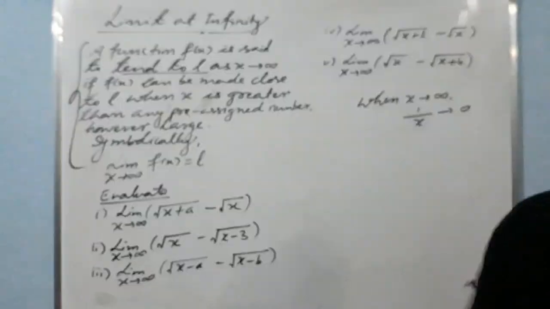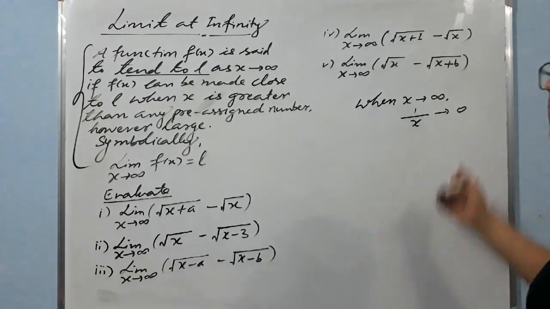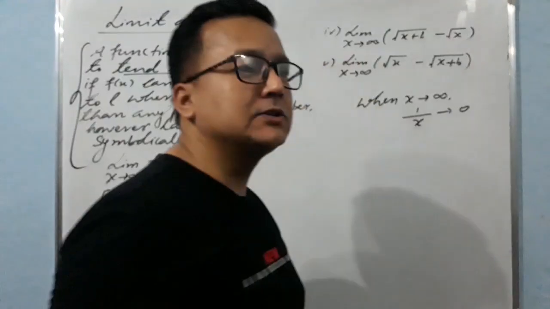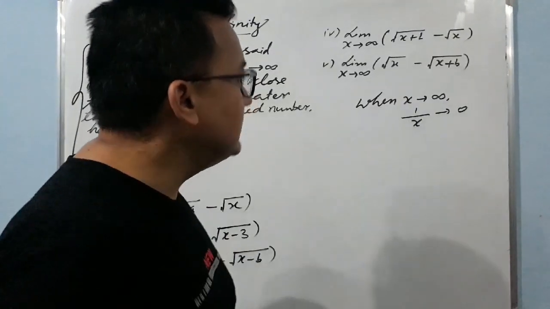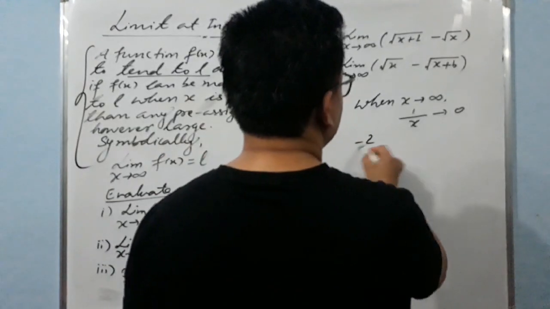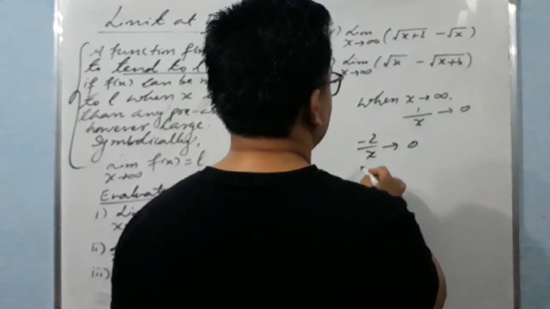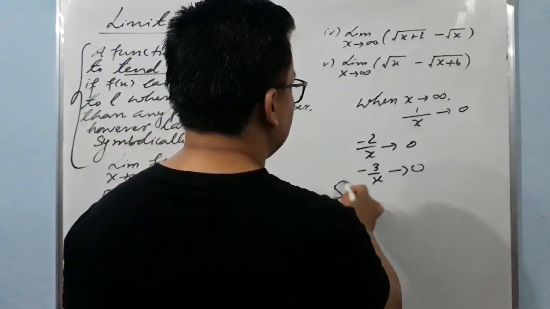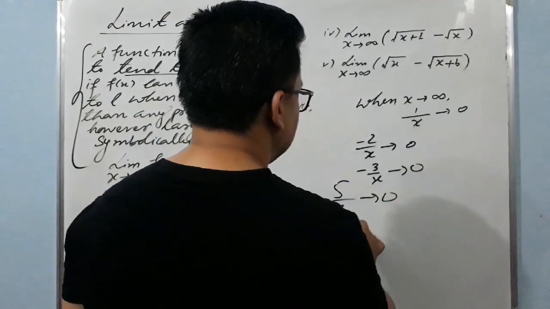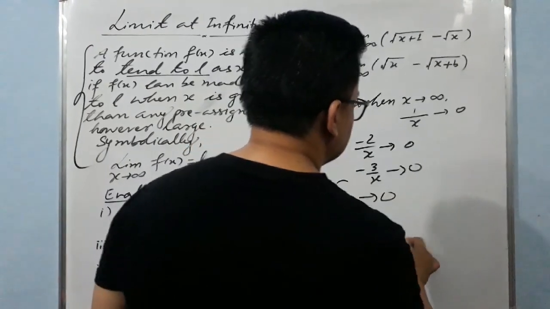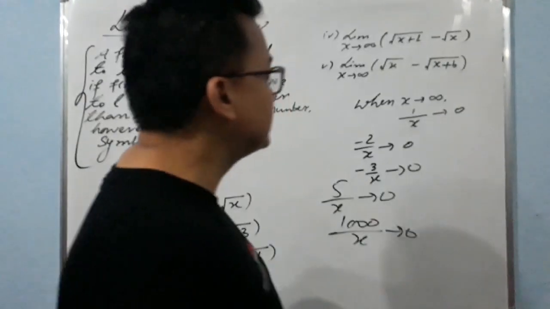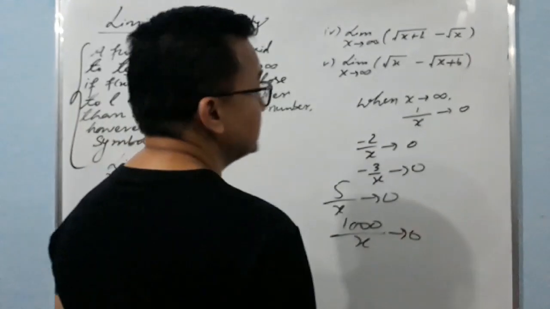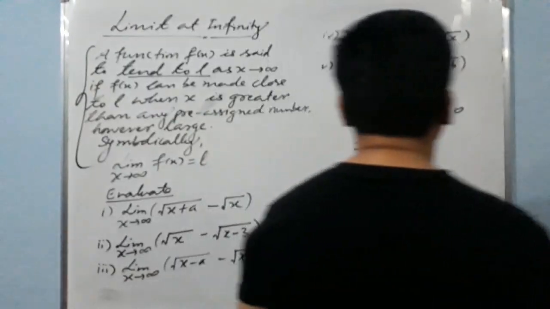Let me show you how it comes. 1 upon x, 2 upon x, 3 upon x, 5 upon x, any real number, negative also, it doesn't matter. Minus 2 upon x tends to 0, minus 3 upon x tends to 0, and 5 upon x also tends to 0. 1000 upon x also tends to 0. When x tends to infinity, all these values tend to 0.